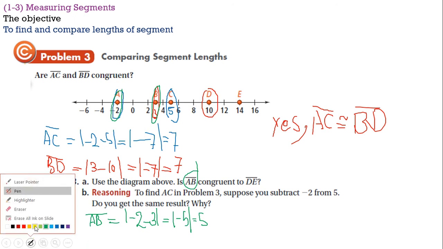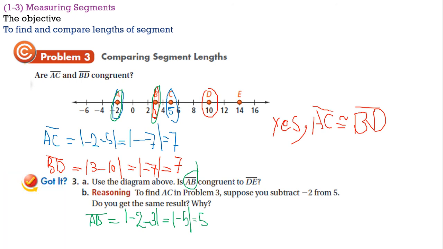Now, we have DE. So I have DE is equal to, where is D? This one. E is this one. So 10, 14. So the absolute value of 10 minus 14, which is the absolute value of -4, which is 4.